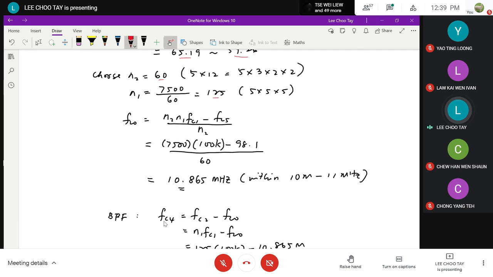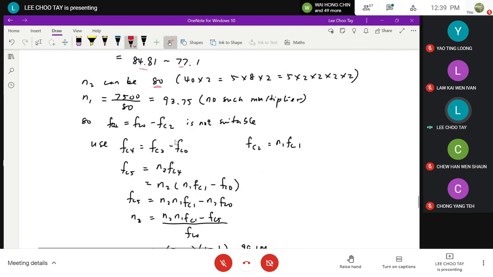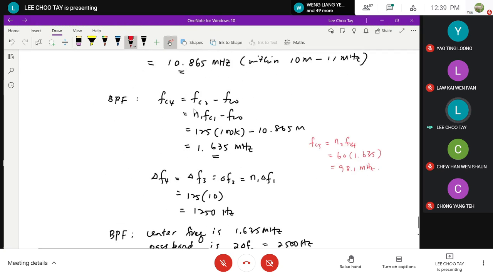Again, we use the FC4 equation, FC2 minus FLO, to get our N1, N2. So we substitute the value in. FC2 is N1 FC1, so this is N1 FC1 minus FLO. Put in the numbers, and that gives us our FC4 of 1.635 megahertz.